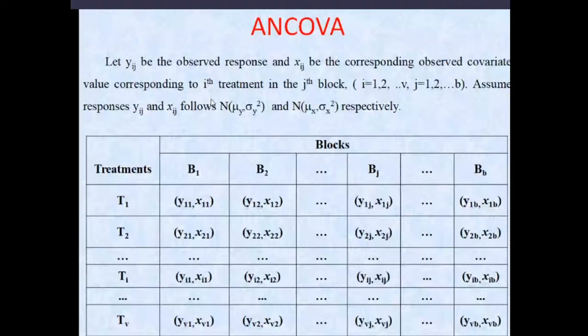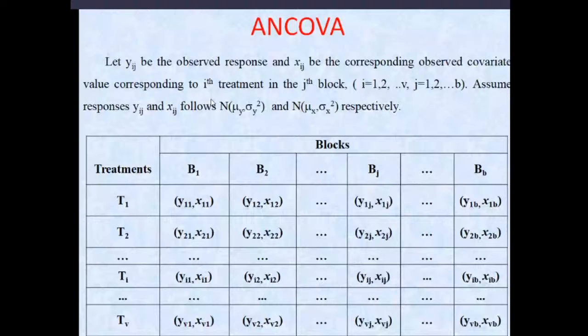Along with the original response, there is another independent variable which is also observed. That is generally called a covariate or concomitant variable. Let Yij be the observed response and Xij be the corresponding observed covariate value corresponding to the ith treatment, that is, when applied in the jth block.